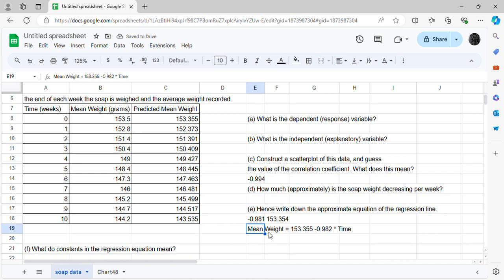And so the equation is mean weight equal to 153.354 minus 0.981 times time.